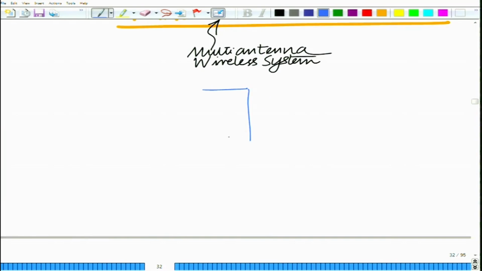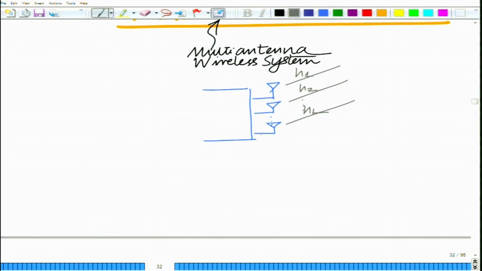Remember, a multi antenna wireless system basically has multiple antennas for improved performance of such a system. So, I have multiple antennas, and corresponding to these multiple antennas I have multiple channel coefficients H1, H2 to HL.